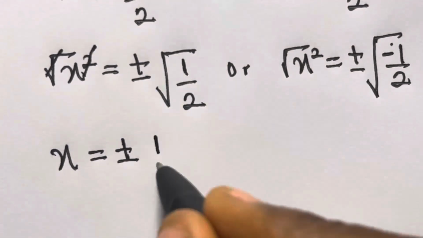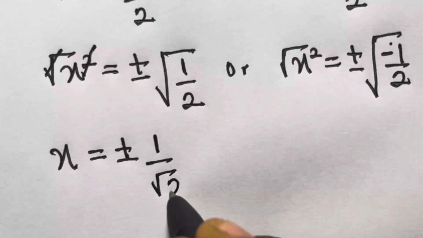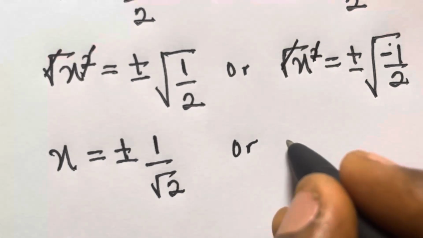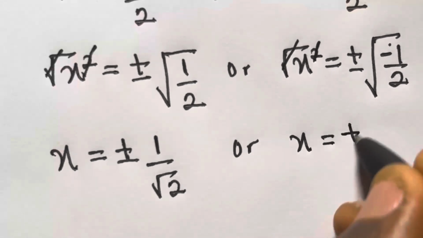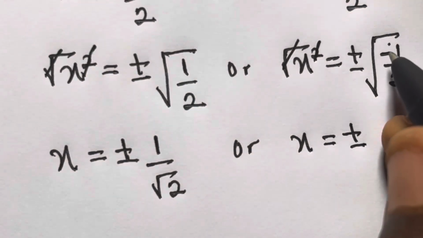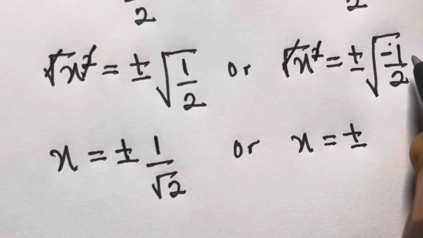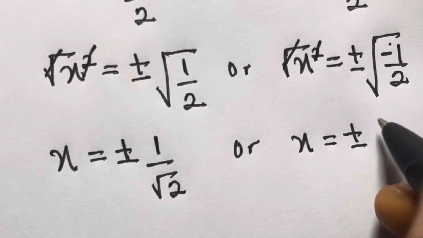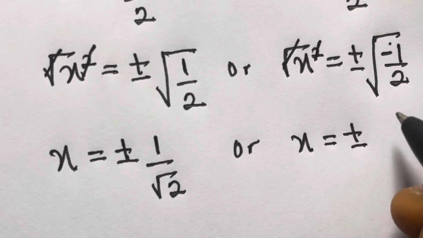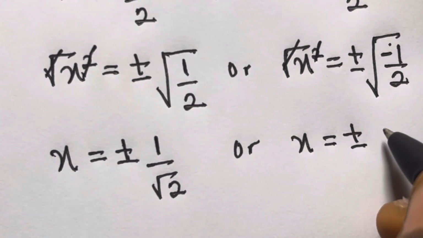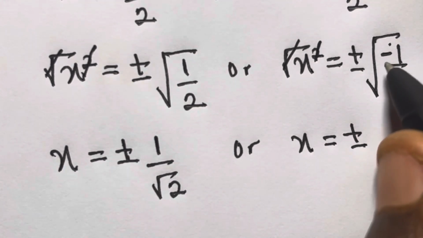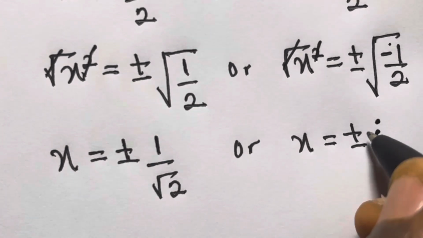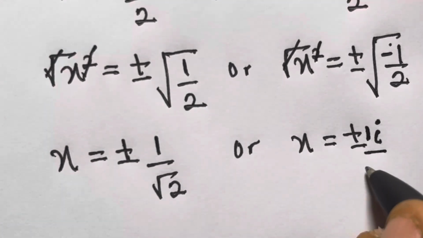The square root of 1 will give us 1 divided by the square root of 2. For the other one, we have the square root of 1 times the square root of -1, and we know that the square root of -1 gives us i. So we have i divided by the square root of 2.